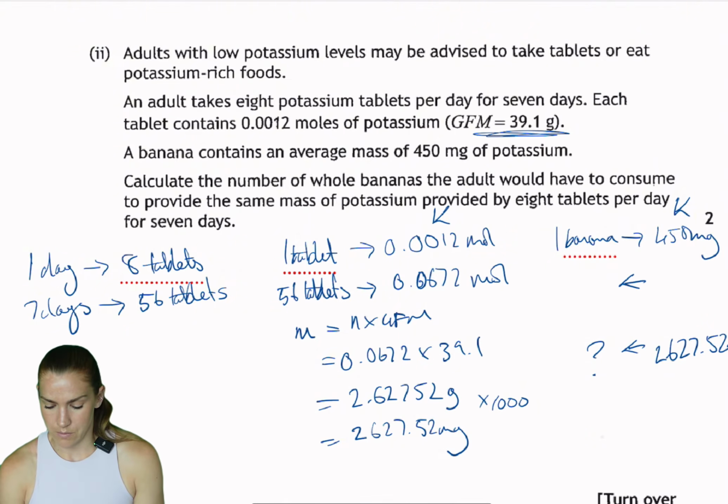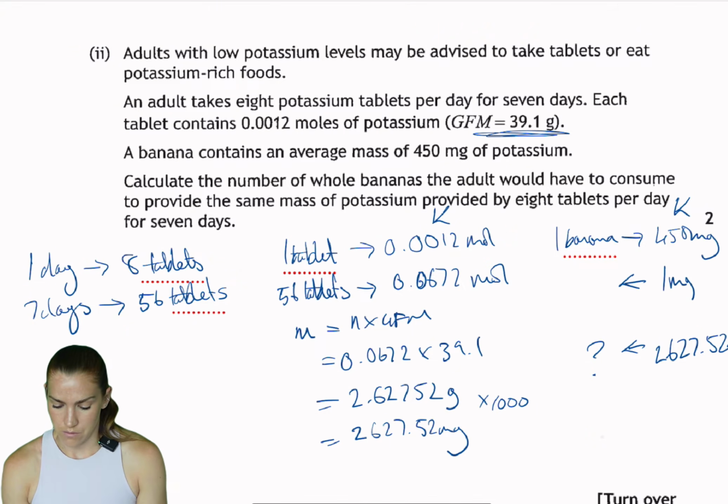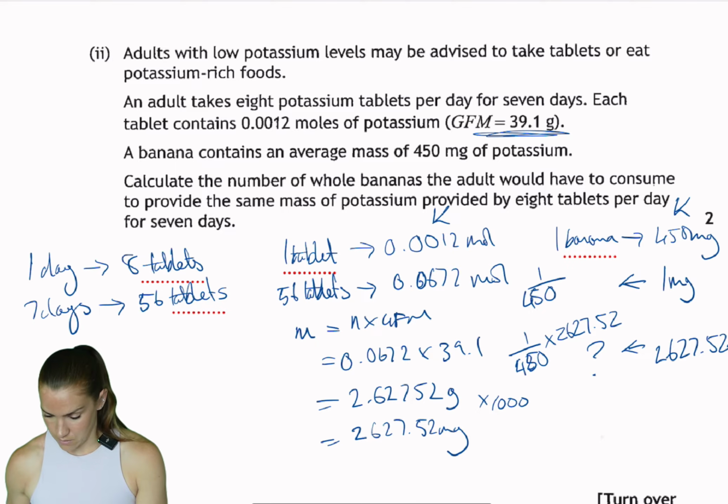So we need to scale to 1 milligram, so that'd be the one banana over 450, and then we times up to the number that we need, so that would be times by 2627.52.